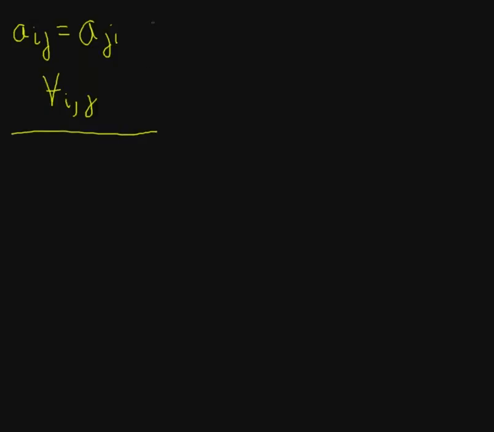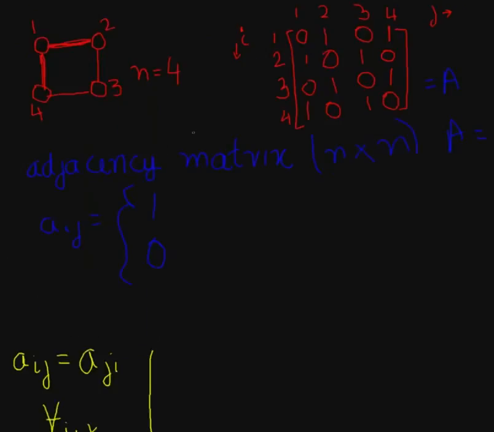Now let's keep that aside for a second and focus on our adjacency matrix, or more specifically, on this. We said that Aij is going to be 1 if node i is connected to node j. Now let's think about it. If node i is connected to node j, then obviously node j would also be connected to node i.